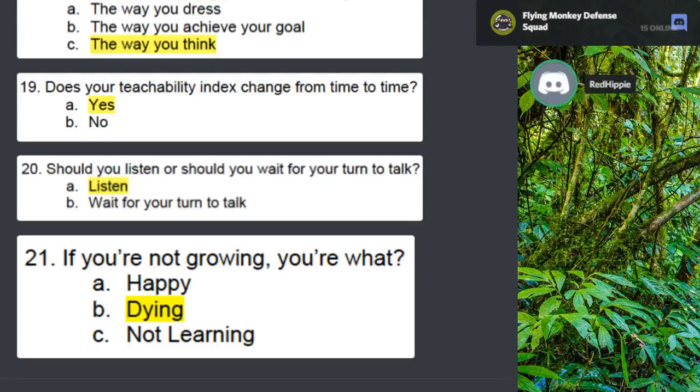So the idea with this is that if the business is plateauing, then you're actually dying, even though that's counterintuitive. It's a concept that you always should be growing and getting better.